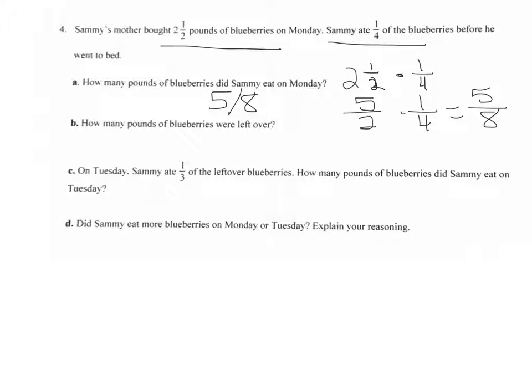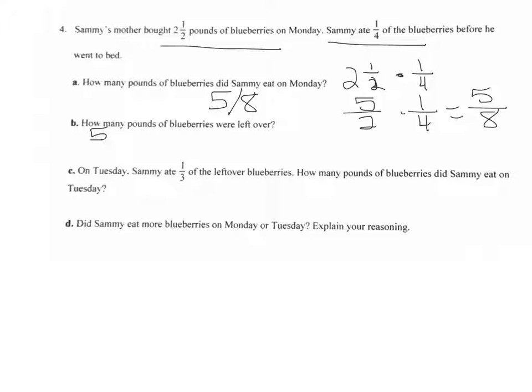on Monday. And then it says how many are left over. So left over means to subtract. So if we're thinking about this, it's like 2.5 minus 5/8. Once again, remember when we're subtracting, we have to have that common denominator. And I also recommend changing them into impropers. So we know we had 5/2 over here, so let's step back for a second.